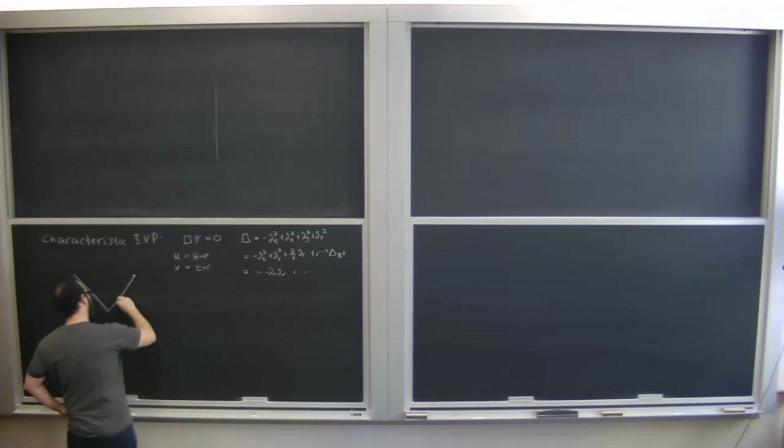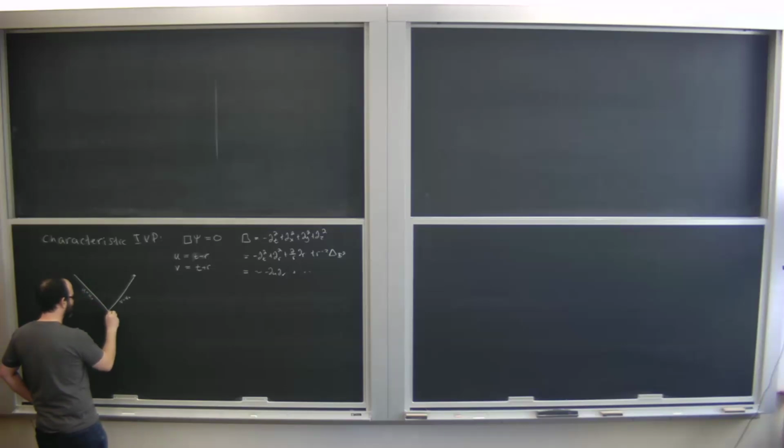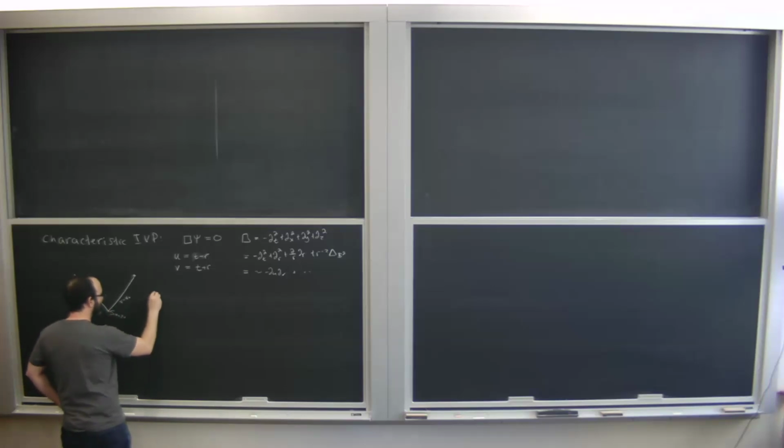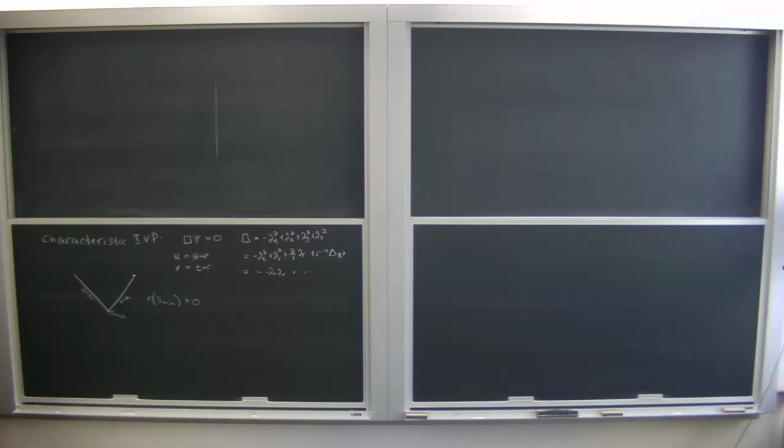So let this be some hypersurface v equals, say, v naught, and this one u equals u naught. Here there's some sphere at u, v naught. I want the radius of the sphere to be positive, so I want them to intersect transversely in a sphere.